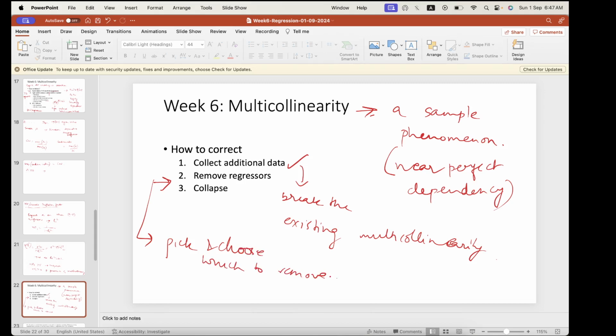Elimination is helpful, but how helpful is it? We are not so sure. Will it retain predictive power? We are not so sure. These are some of the concerns that one can have while removing regressors.